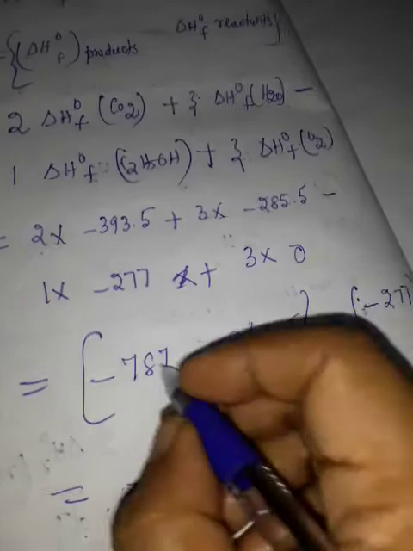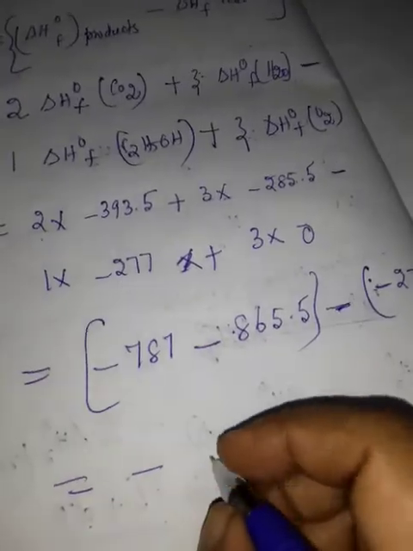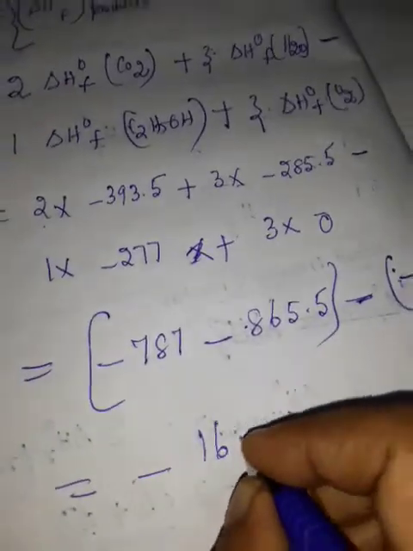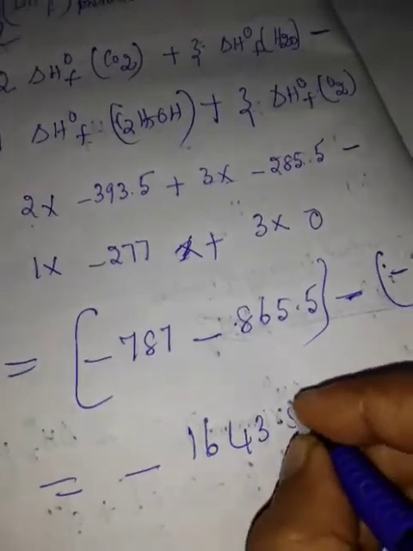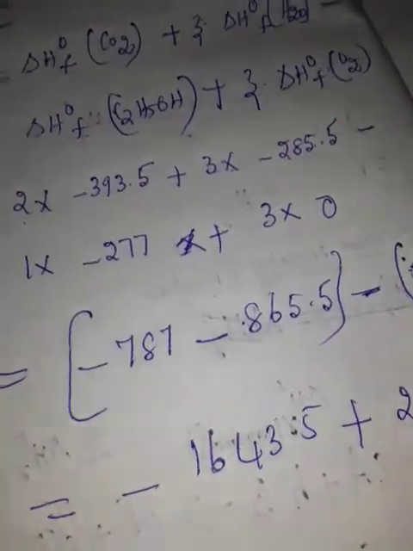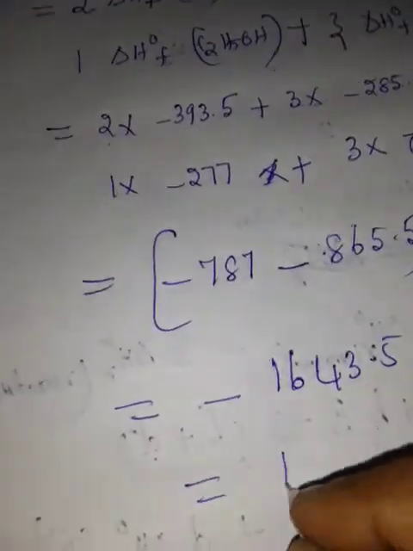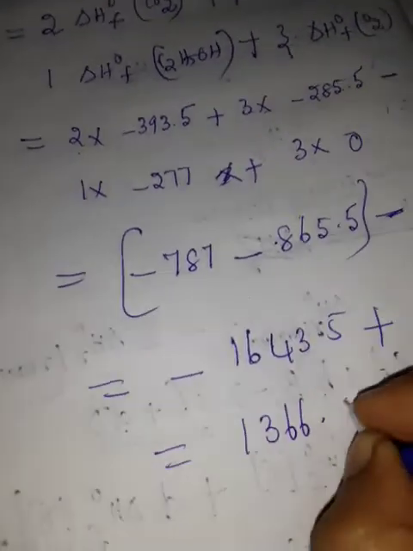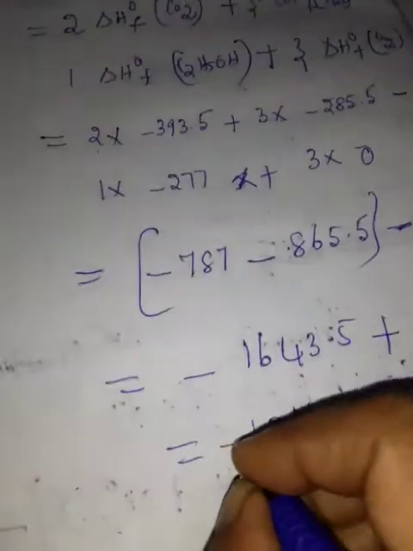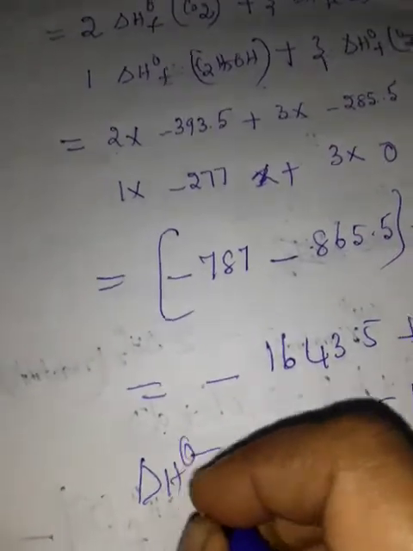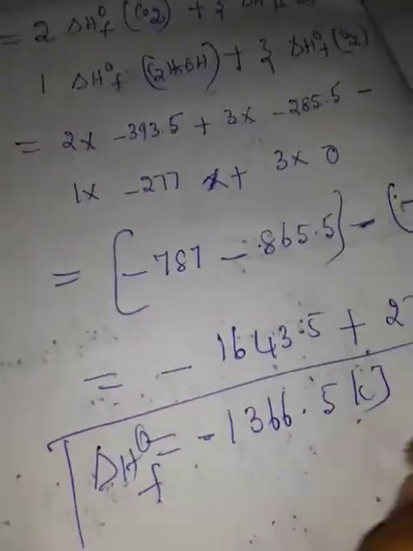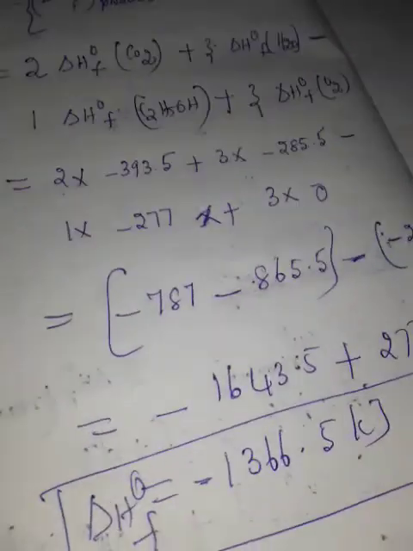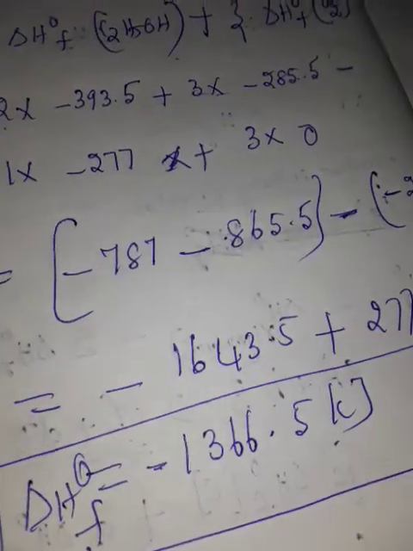So adding these, minus 1643.5 plus 277, subtracting, gives minus 1366.5 kilojoule. This is the answer.